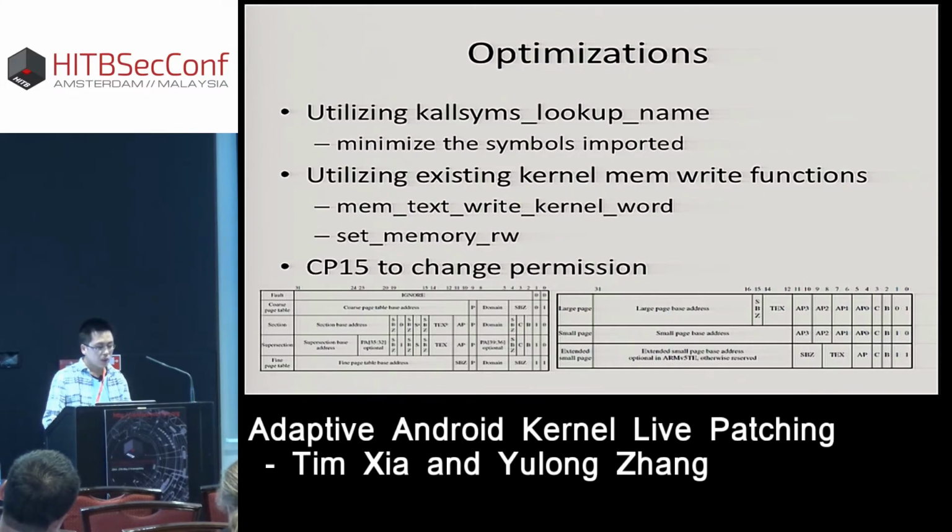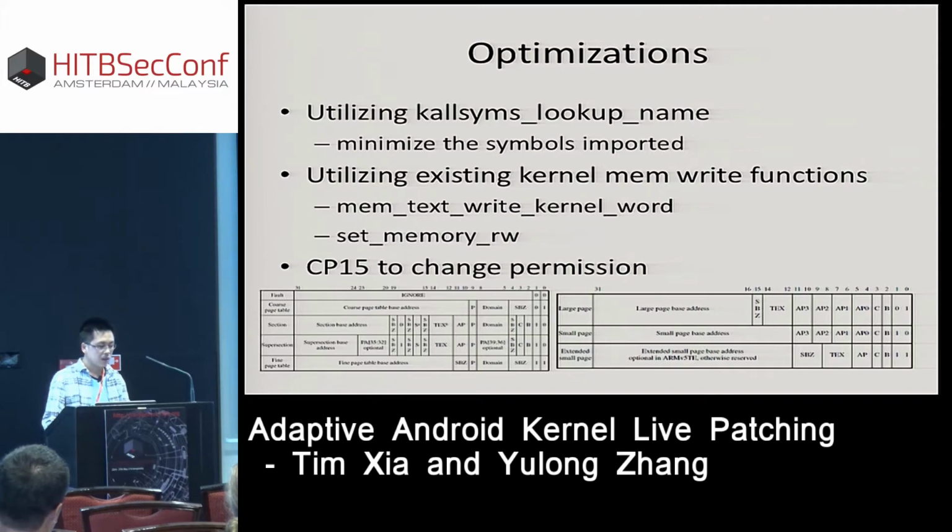And you can also use some existing kernel functions which are used to write the text segment of the kernel or the module text segment. Sometimes those kinds of symbols are not available in current situations.